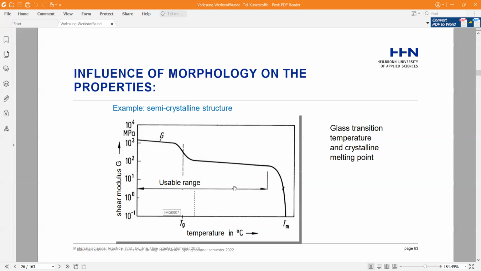Here we have this usable range. So here we have Tg, the first point, which is called the glass transition temperature, and Tm is the crystal melting point.